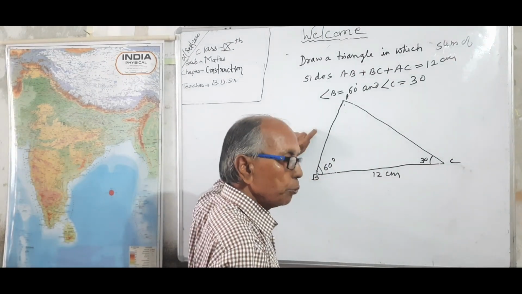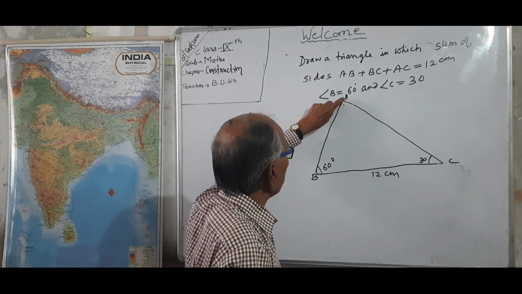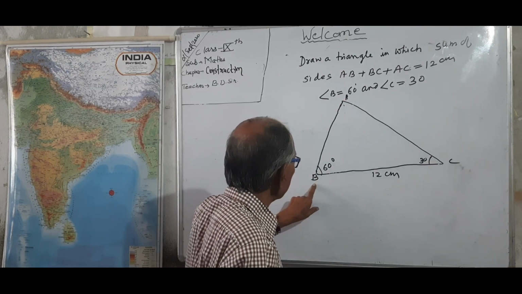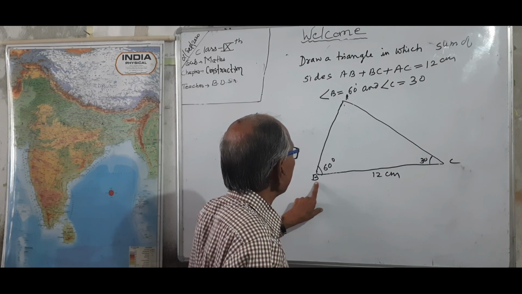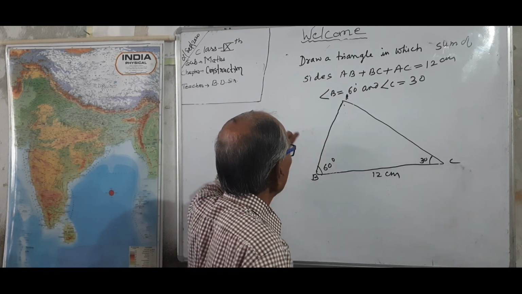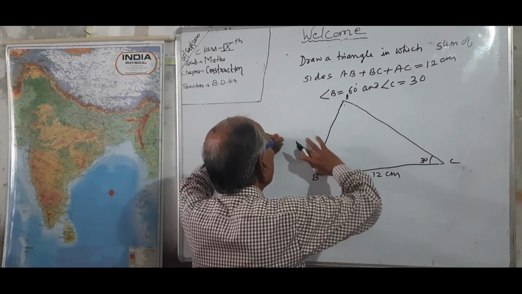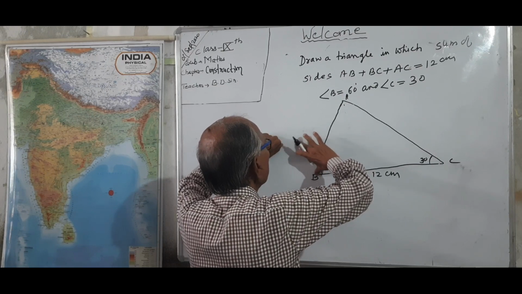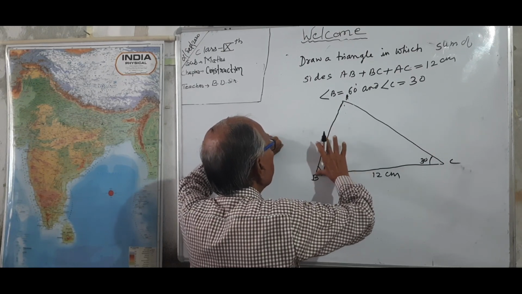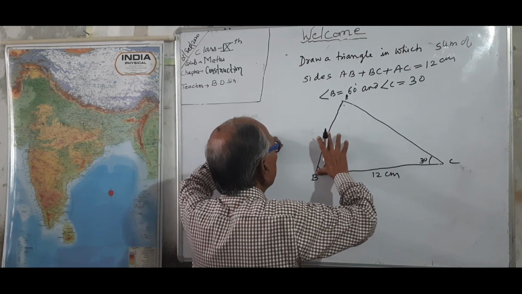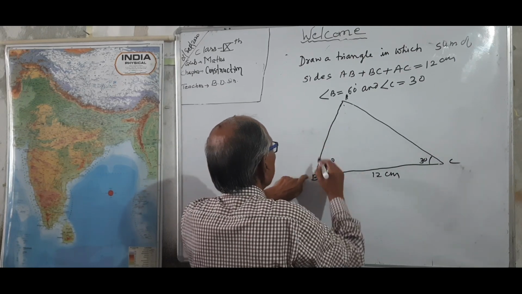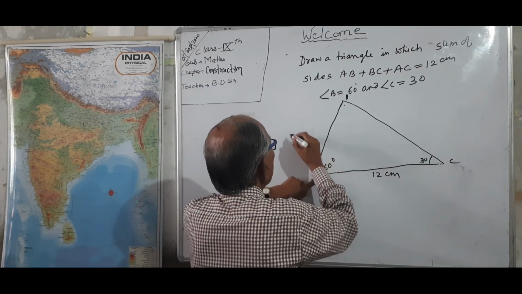Now, what do we have to do? We have to perpendicularly bisect line AB and AC also. For this, we draw an arc whose length will be more than half of the length of AB. So this is the arc.